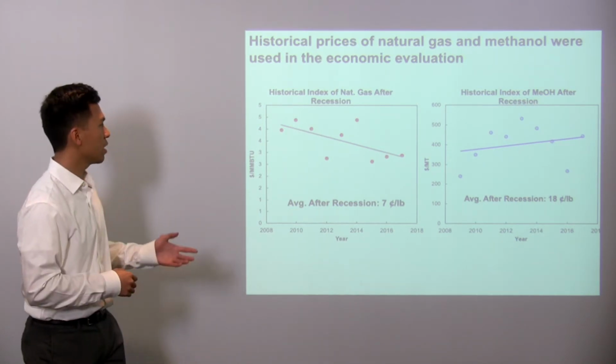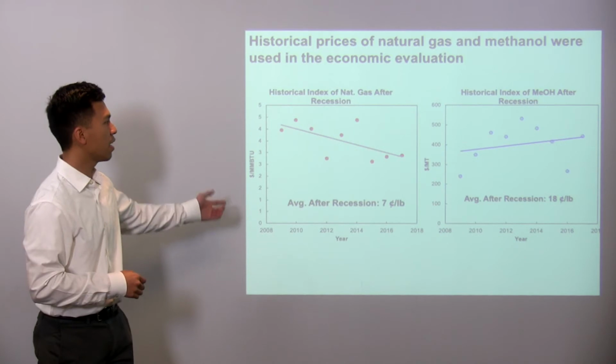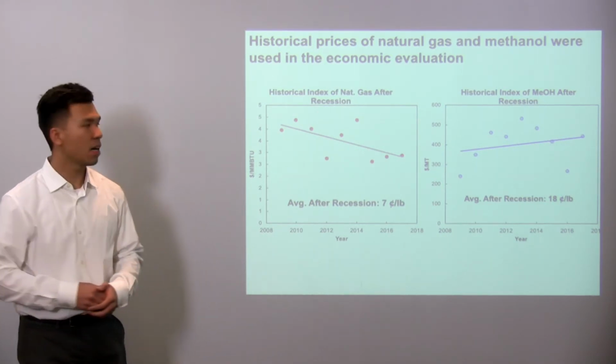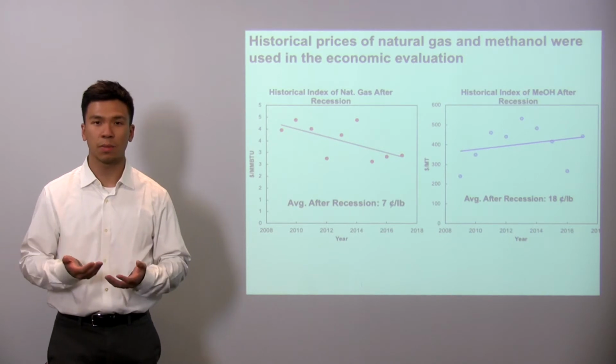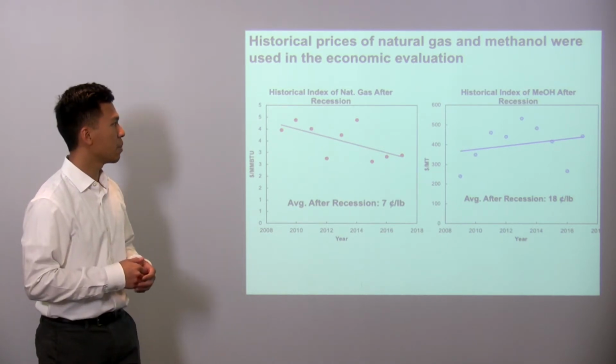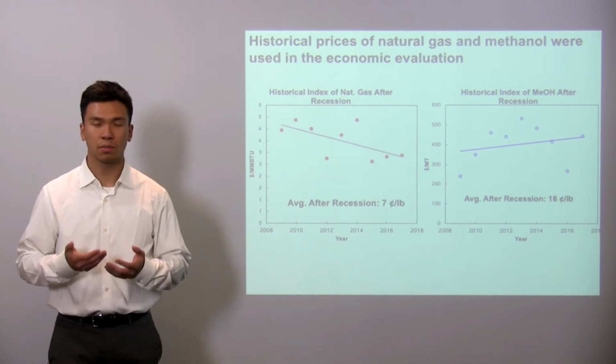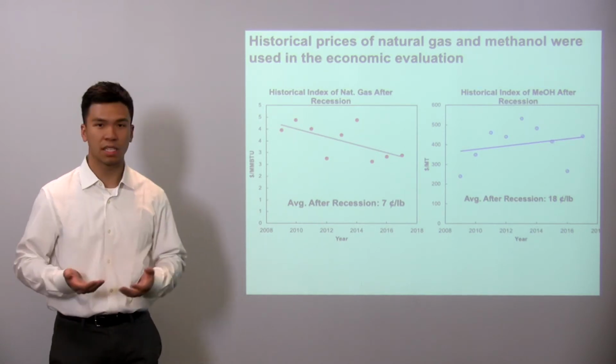You can see these truncated plots for natural gas on the left and methanol on the right. By taking this average, the average price of natural gas feed is about 7 cents per pound, and the methanol product price is about 18 cents per pound.